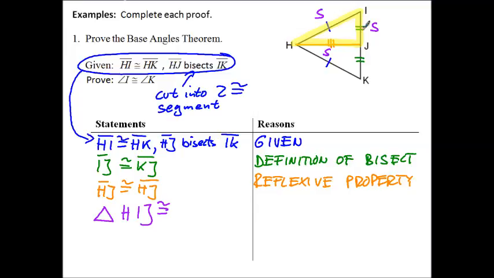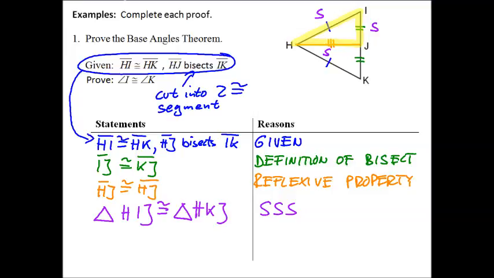So our congruent triangle is HKJ. And the reason these two triangles are congruent is our side, side, side congruence postulate.